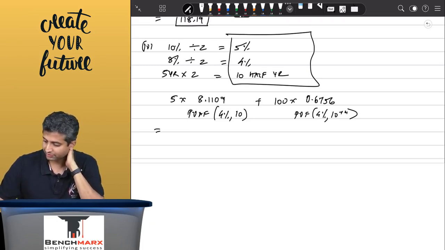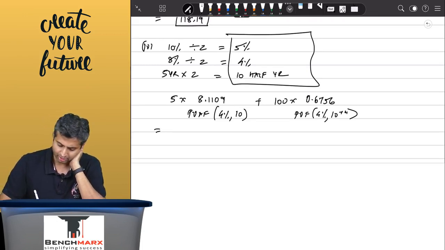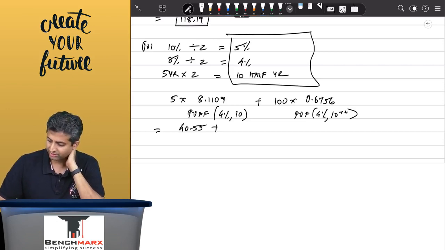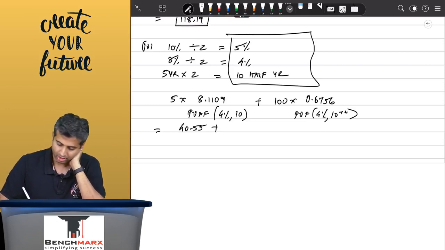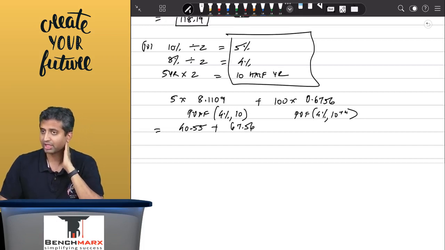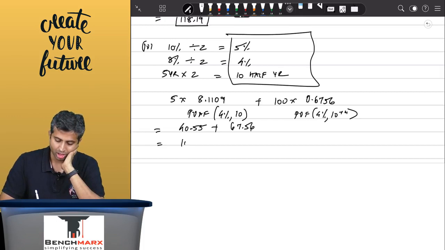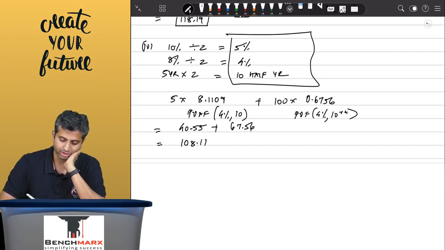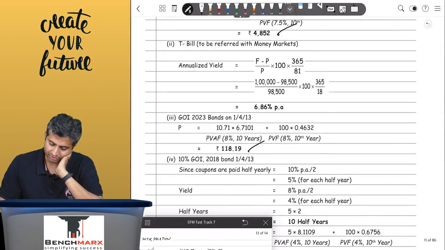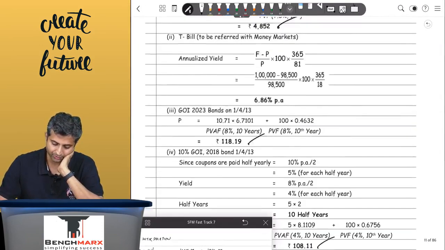So this is 5 into 8.1109, it's 40.55 approx, and 100 into 0.6756, 67.56 approx, and hence your answer comes to 108.11. Let us verify this, this is 108.11, perfect.